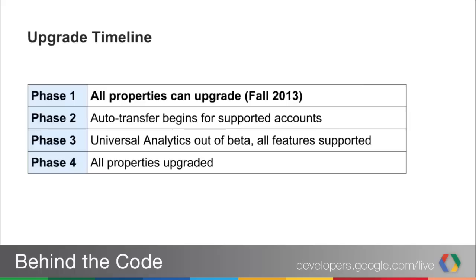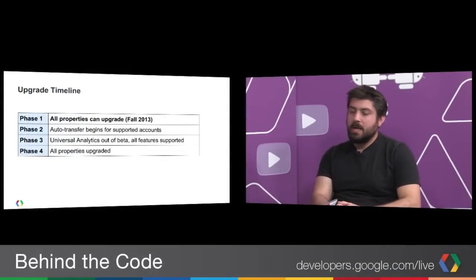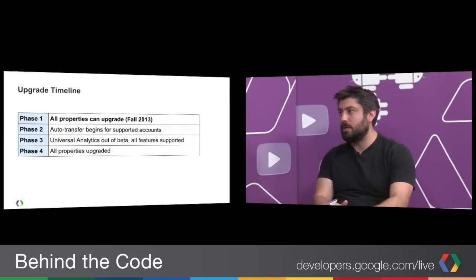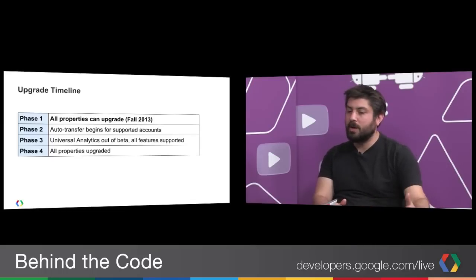Right, so phase 1 was really the launch and announcement that we can do this upgrade. Our goal at the end of the day is to transfer 100% of properties from Classic to Universal Analytics, as well as get everybody to upgrade and to start only building features on Universal Analytics. So we announced the upgrade so people can migrate from Classic to Universal Analytics a couple months ago. So that's where we are.